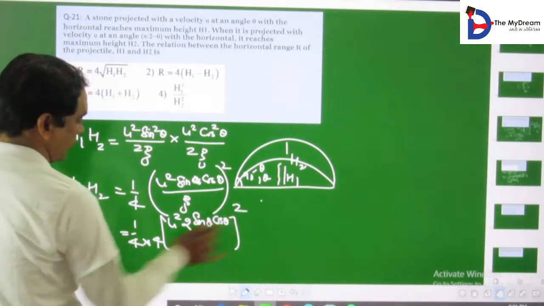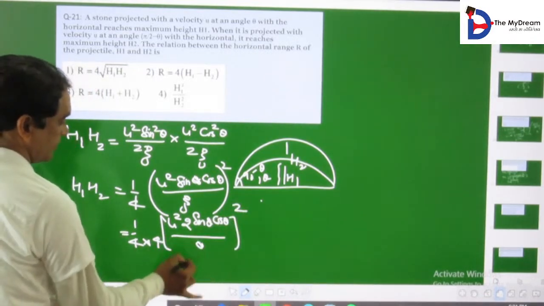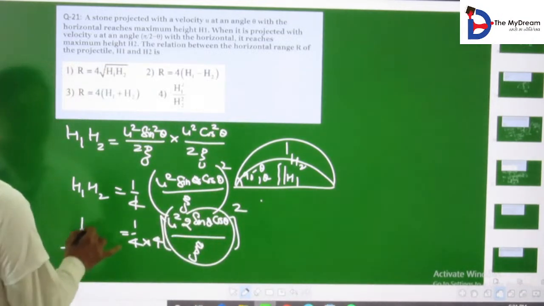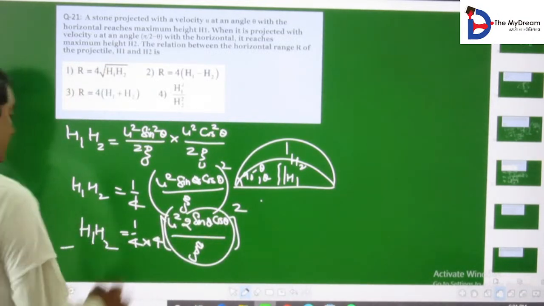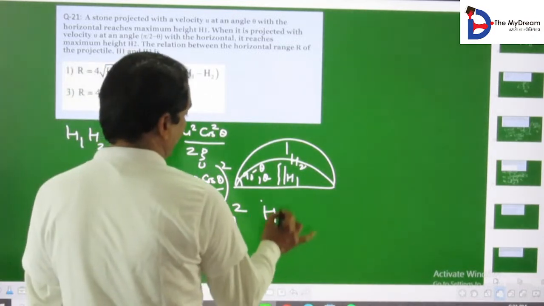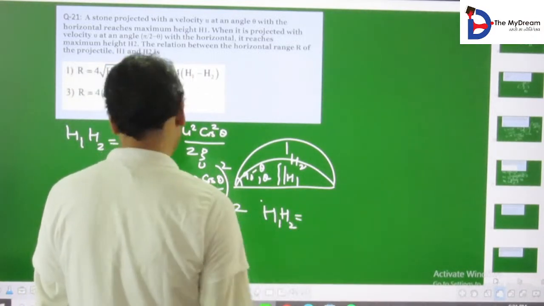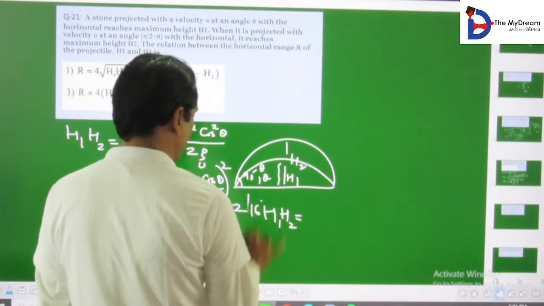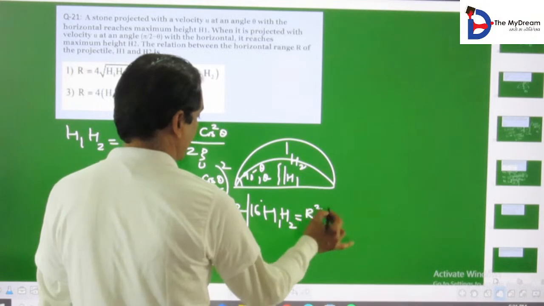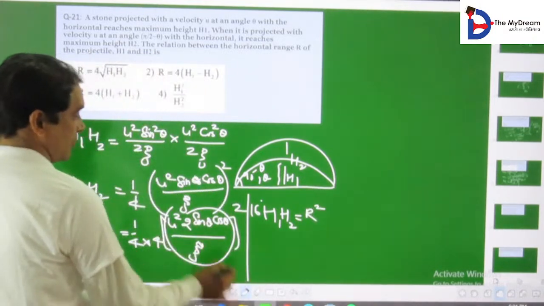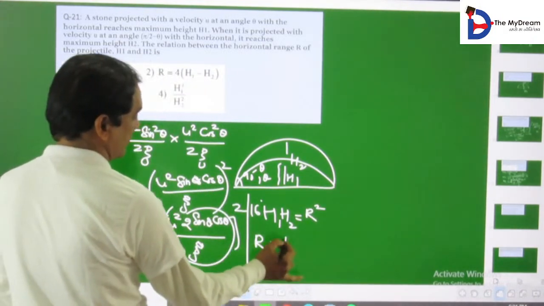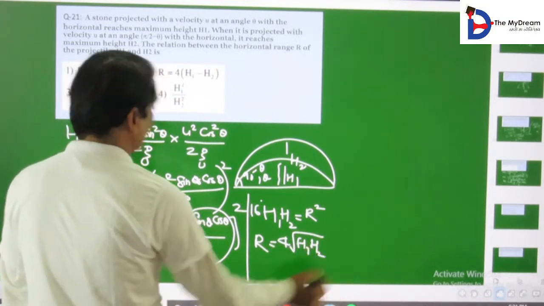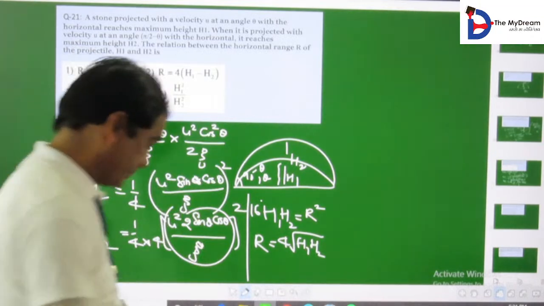Square of 2 4, 4 से multiply 4 से दो. And this is the formula of the range. So h1 into h2, 16 कर दीजिए. Range का square, it will become 4 under root. Option first is there. Next.